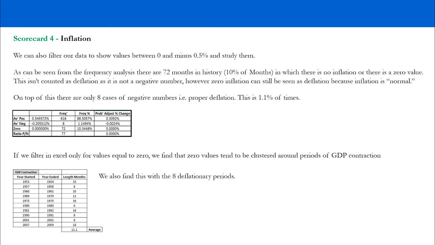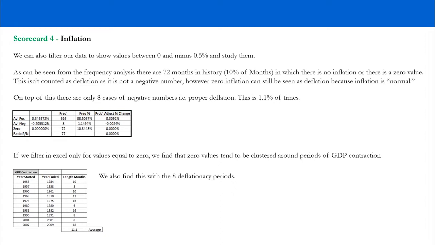If we point again towards that zero, the lower bound number coming in positive, if we actually get a zero number, it's as good as deflation, because it's so normal to have some sort of positive number or some sort of inflation that to even get a zero value, we can consider it as deflation.